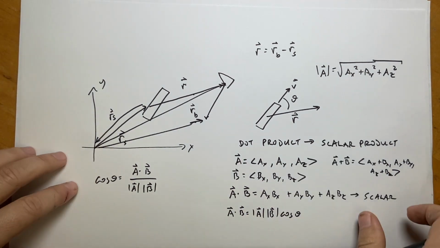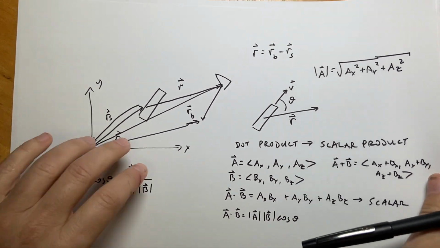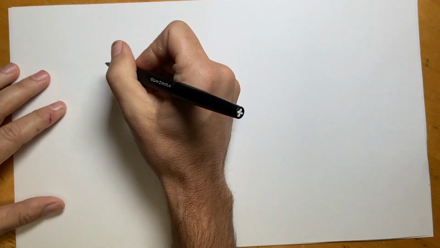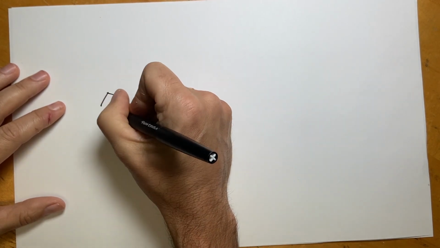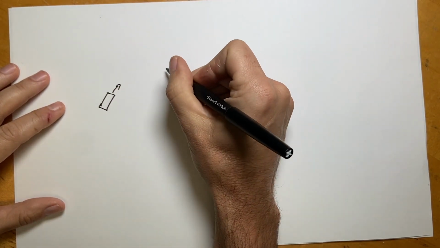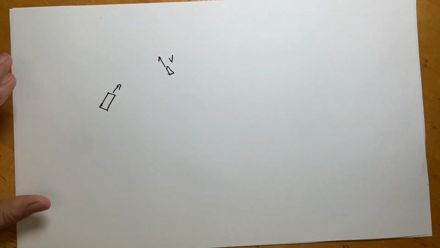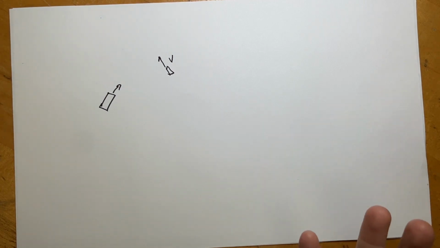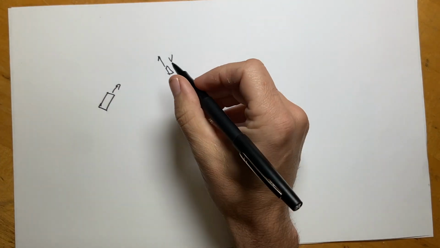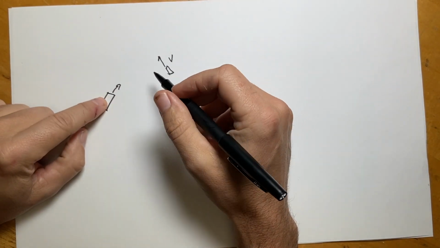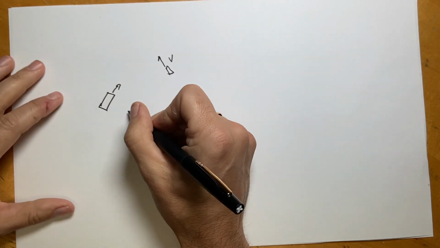Okay, so let's map out what we're going to do, and then we'll switch over to Python. I'm going to start off with my sub with the velocity and my boat with the velocity. And they both have a position. The first thing I'm going to do is just make these things move. In order to do that, I'm going to break the program up into tiny time steps.